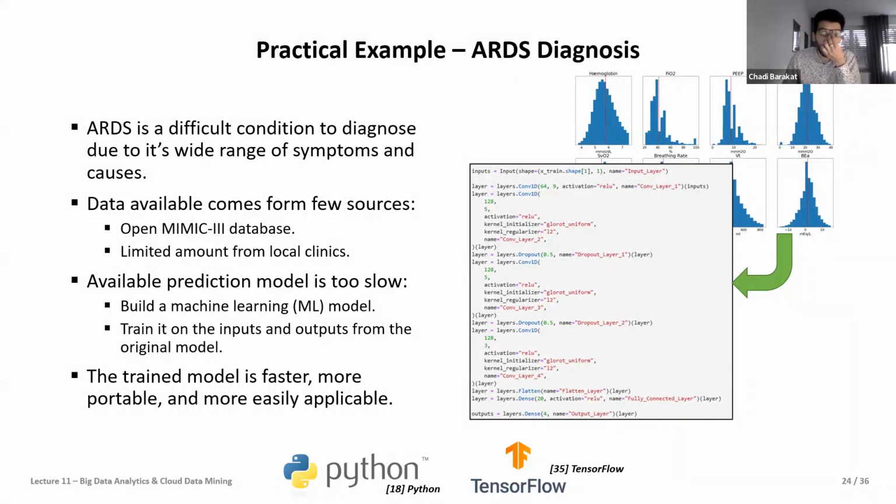Now, the problem with using the MIMIC-III database is that this is data from only one hospital, as I mentioned. So it introduces a major bias, where it's not 100% sure that the hospital where you might want to apply this model will have the same protocols as the hospital where this data was collected.